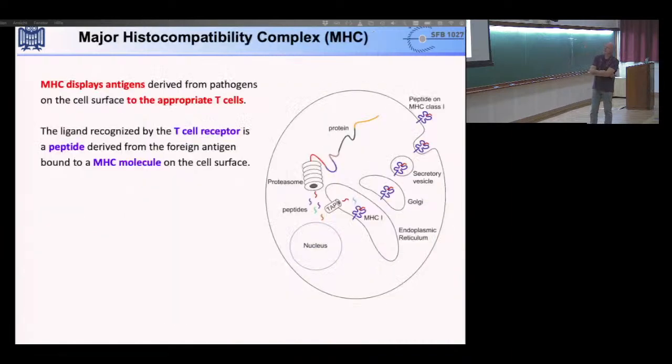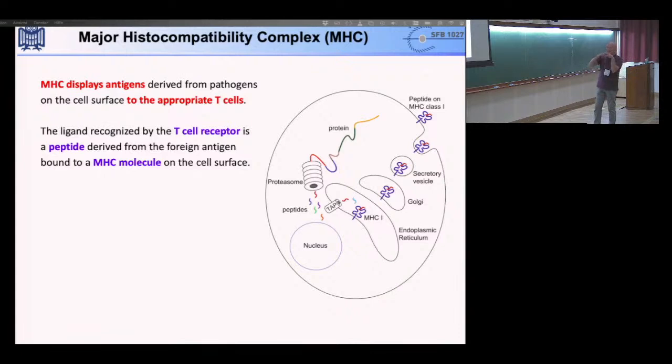Okay, and as I said, what does the T cell receptor essentially do? There is the so-called major histocompatibility complex 1.